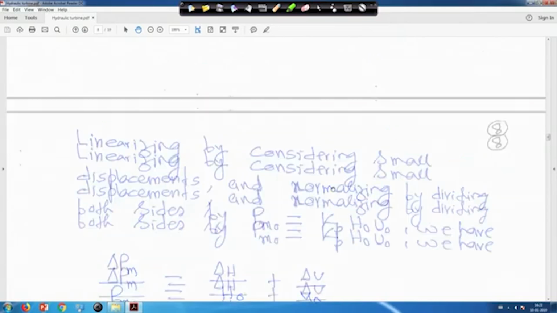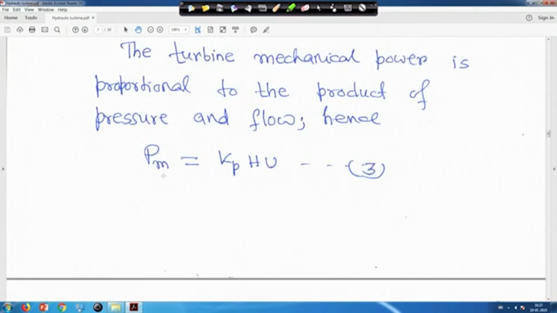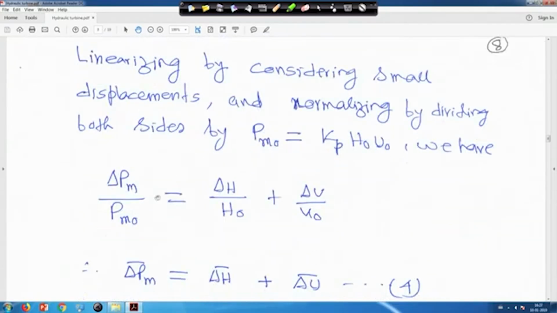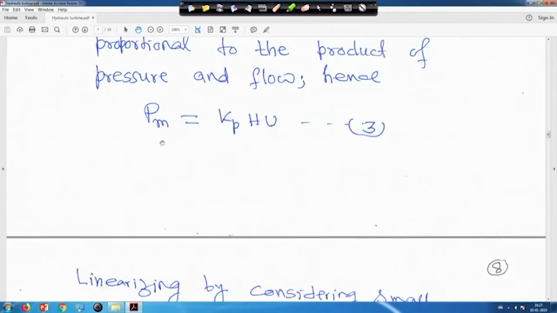Therefore, same as before, if you linearize and then normalize, delta P m upon P m 0 will be delta H upon H 0 plus delta U upon U 0. So, this one also same as before you can write that delta P m is equal to K p into delta H into U plus K p into delta U into H, right.